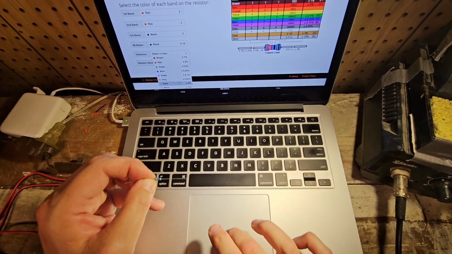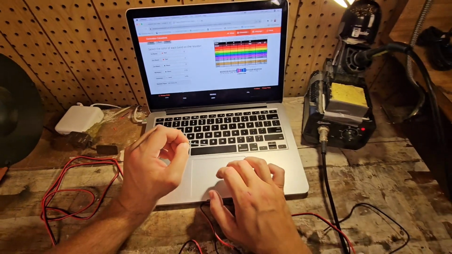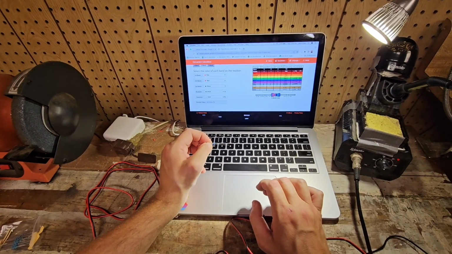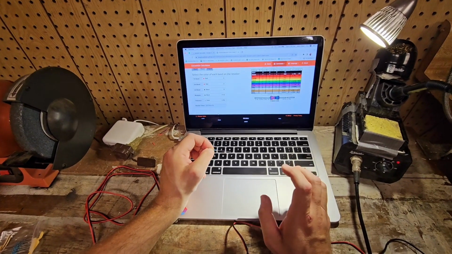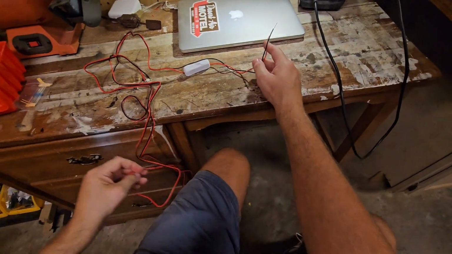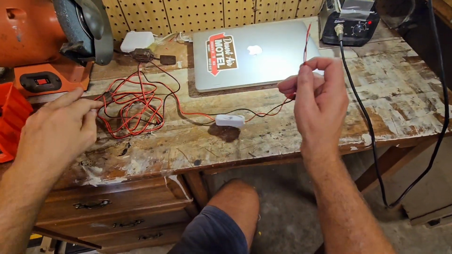This will tell us what resistor we're putting into our circuit. We're using a 220 ohms, plus or minus 5%.